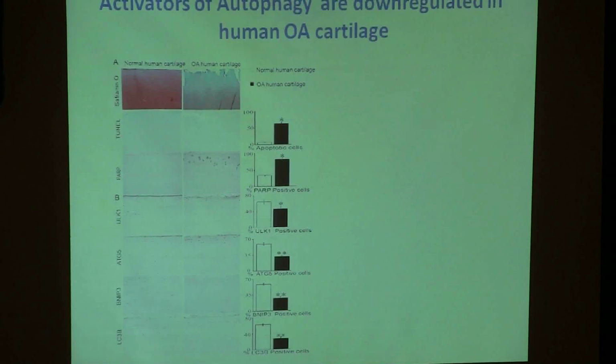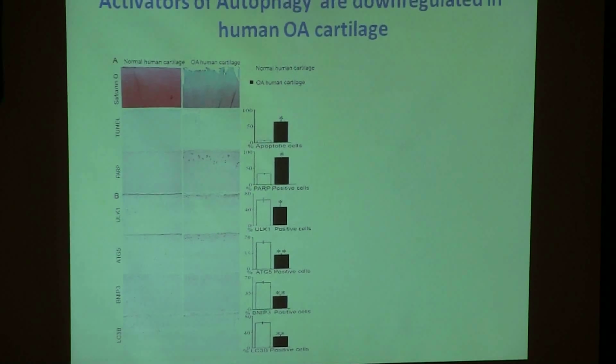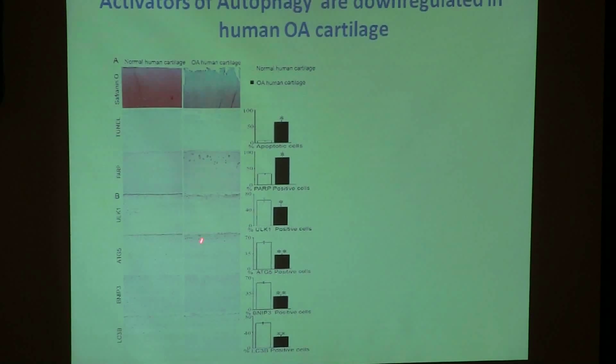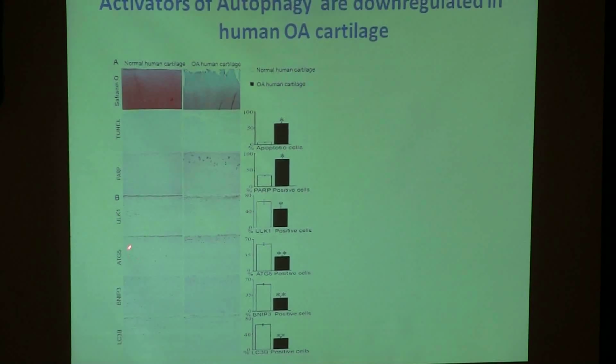If you look by immunohistochemistry, the number of cells expressing these autophagy factors is much reduced in the articular cartilage, such as ULK1. It is highly expressed in the normal cartilage. However, it is reduced in the articular cartilage of osteoarthritic patients. This is actually not very clear from the picture, but PARP is a marker for apoptosis.